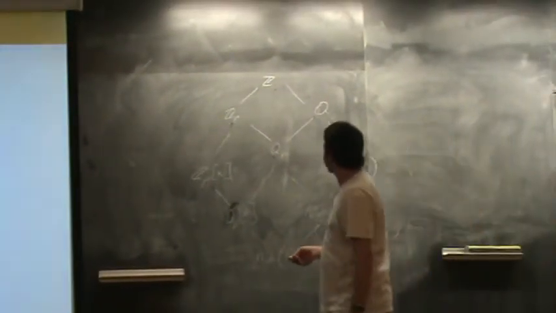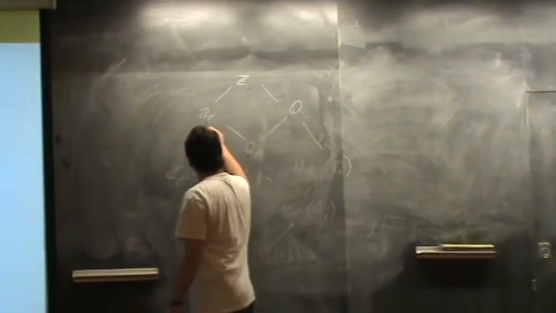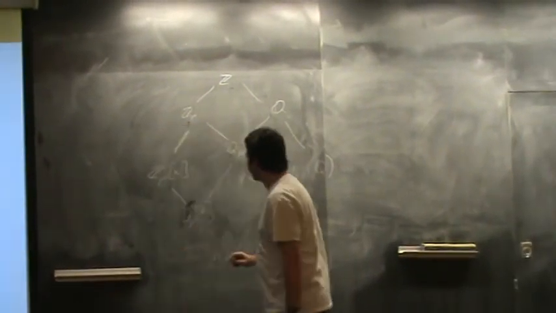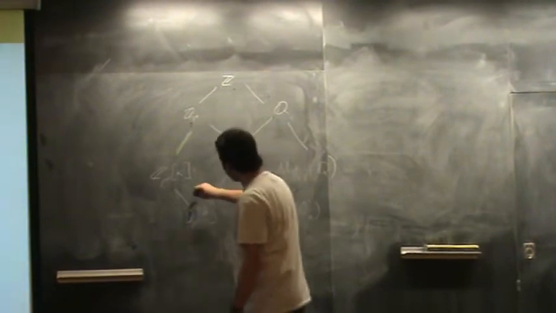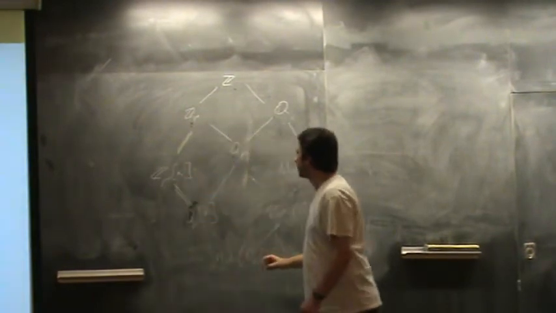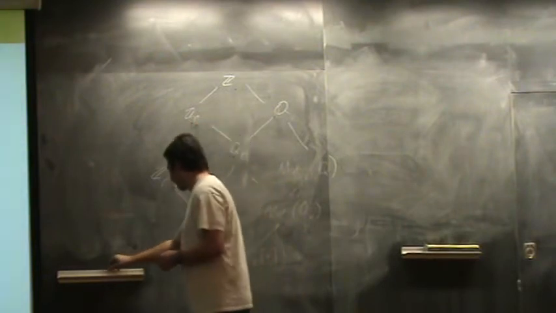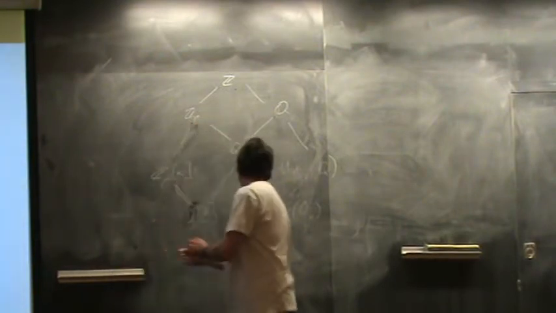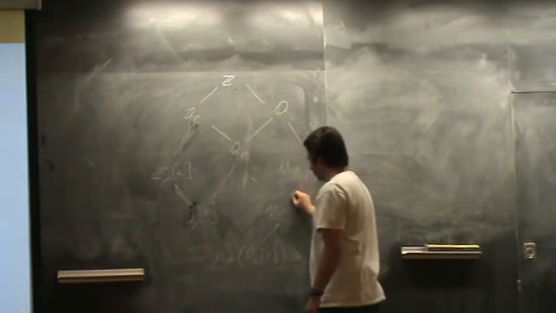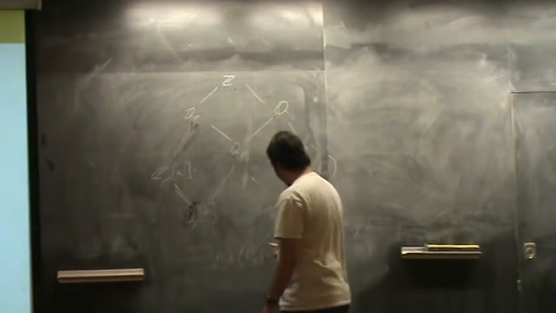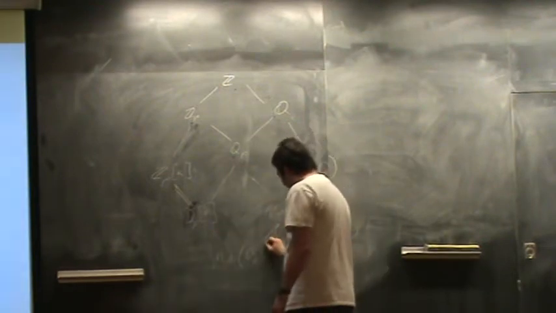And so right here, we have a base extension. And right here we have kind of a base extension. Well, this isn't base extension so much as, well, okay. Right here we have a base extension. Right here, clearly we have a base extension. Right here, we have a base extension.